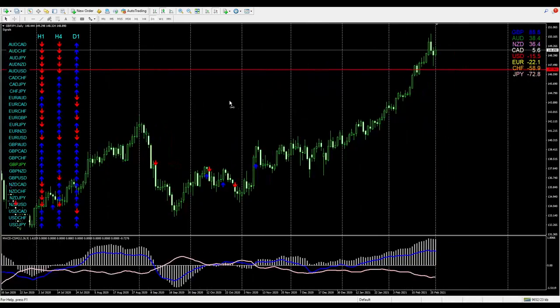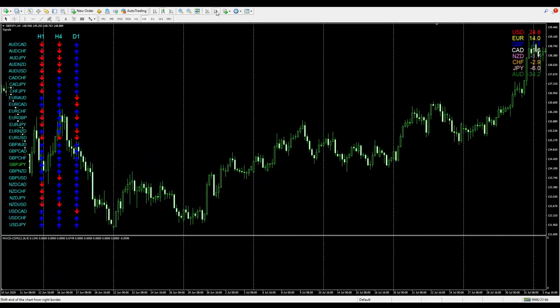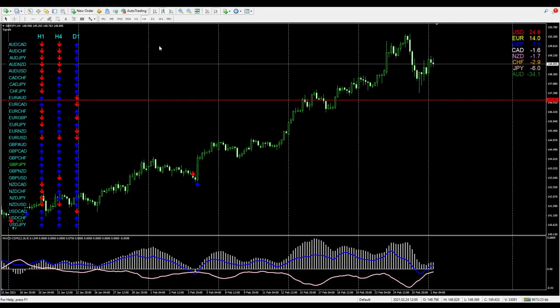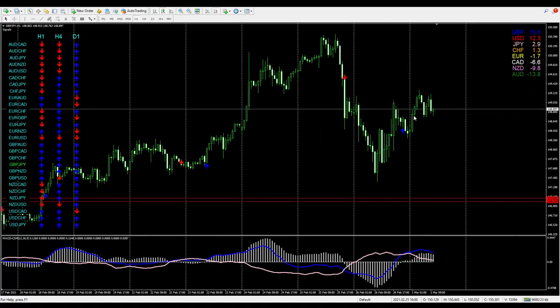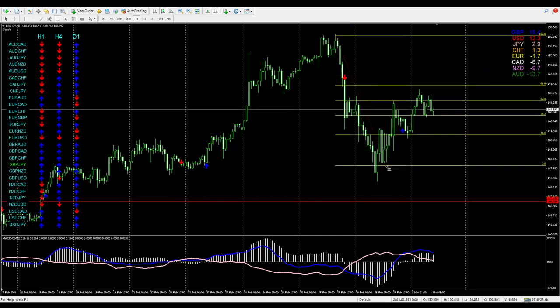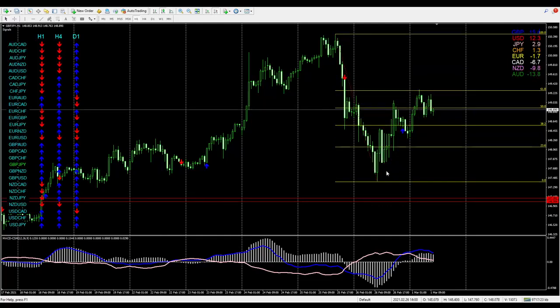So for GBP JPY, the general trend is buy. On H4, it was buy. On H1, the same as GBP CHF, the buy signal was last week. But let's check if it's on our 50 Fibonacci. So our 50 Fibonacci would be like this. So it's still below 50 Fibonacci.